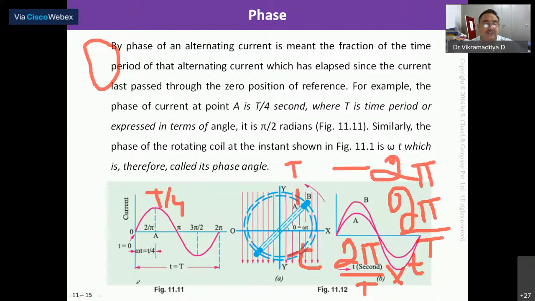If I don't have the reference line, I will not be able to express my angle. Similarly here, if I want to express my time as an angle, I should have a reference. So I have taken this as a reference. The value of the angle with respect to the reference is called the phase angle.